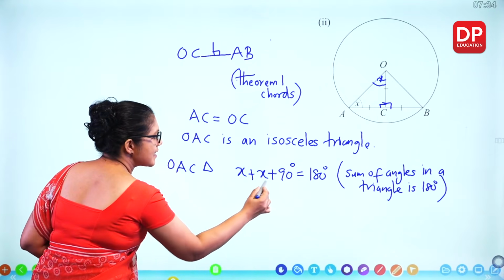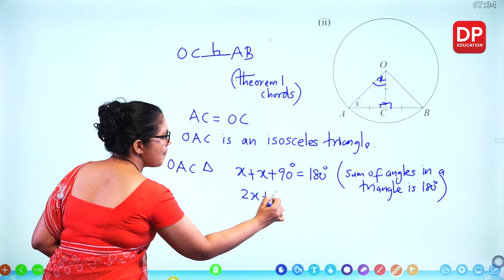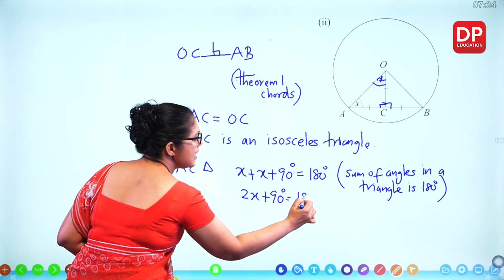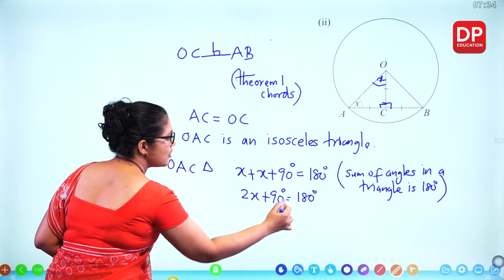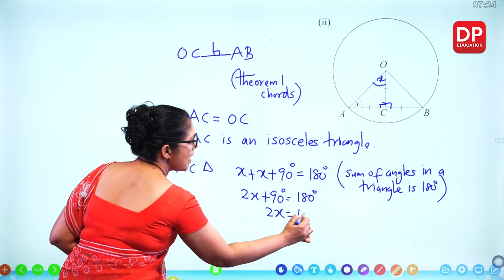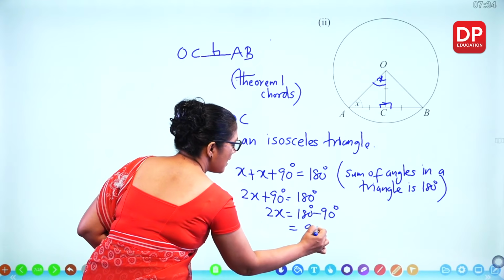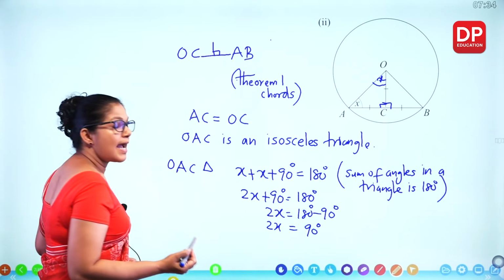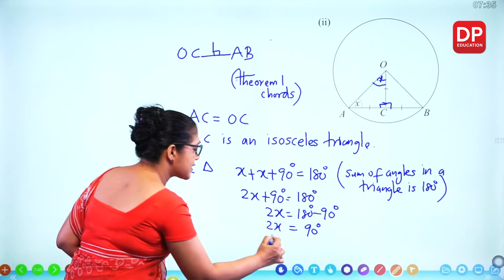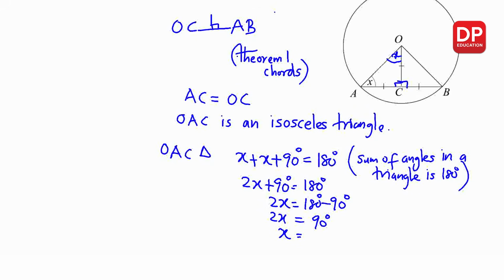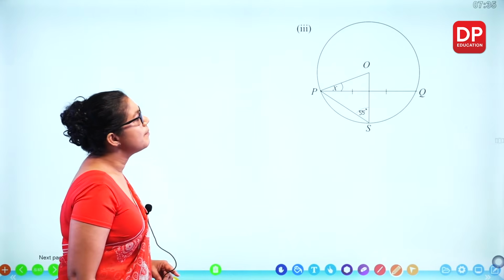Then try to solve. x and x becomes 2x plus 90 is 180. So take 90 to the other side. 2x becomes 180 minus 90. So you get 90 there. If 2x is 90, how can we find x? x is equal to 90 divided by 2. That means 45 degrees.